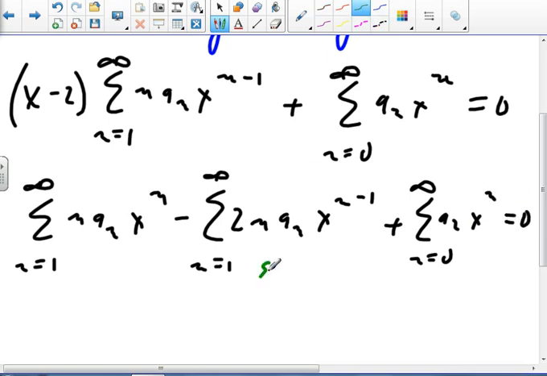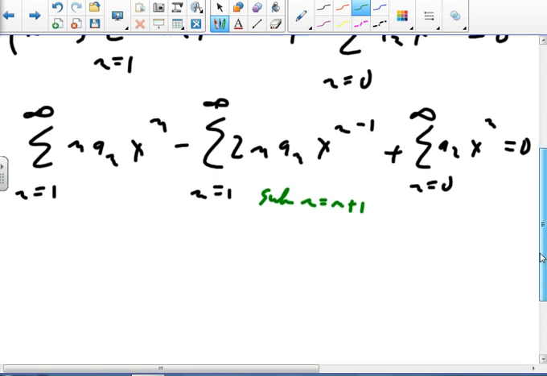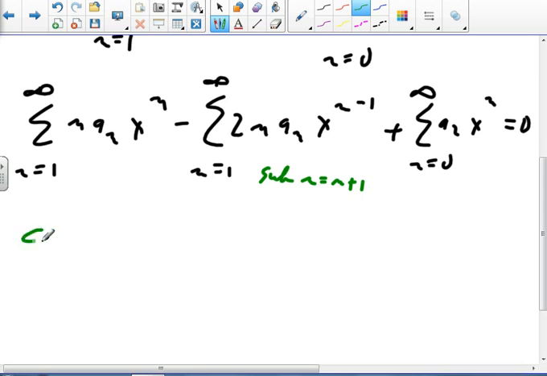I'm going to do a substitution in this guy, n equals n plus 1, so that I get the same exponent on all my x terms. Okay, so I've got summation n 1 to infinity n a n x to the n.